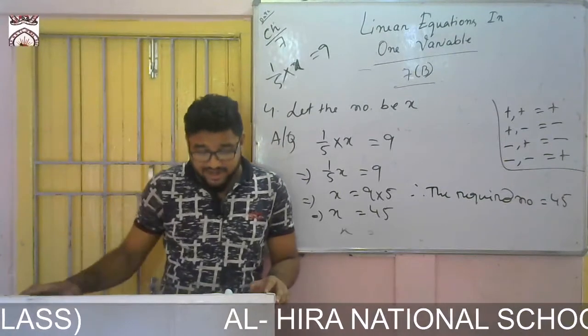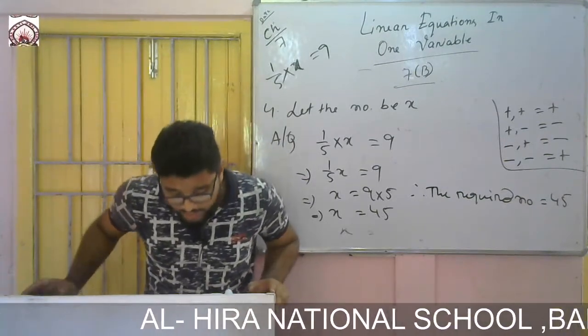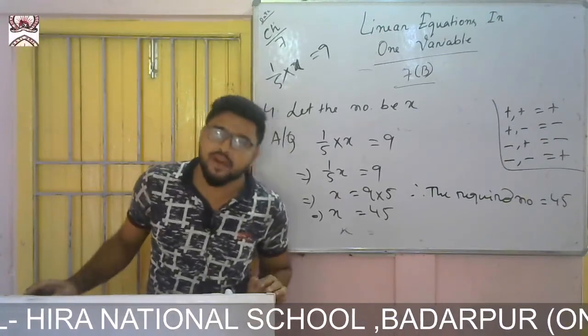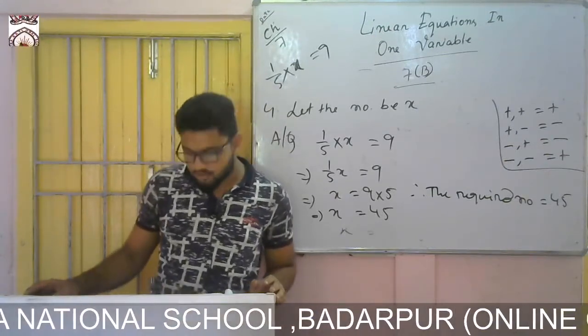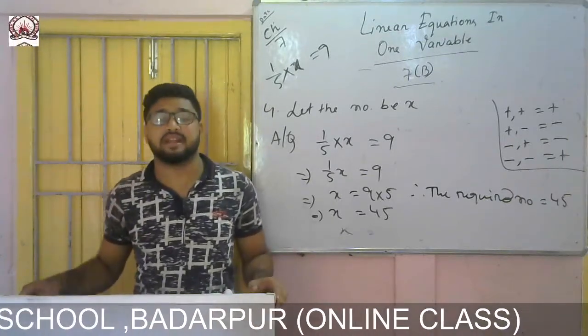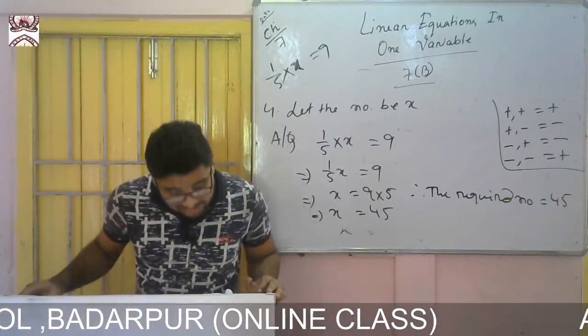How old is Ramesh if 10 years ago he was 25 years old? If 10 years ago he was 25 years old, we need to find the present age of Ramesh.